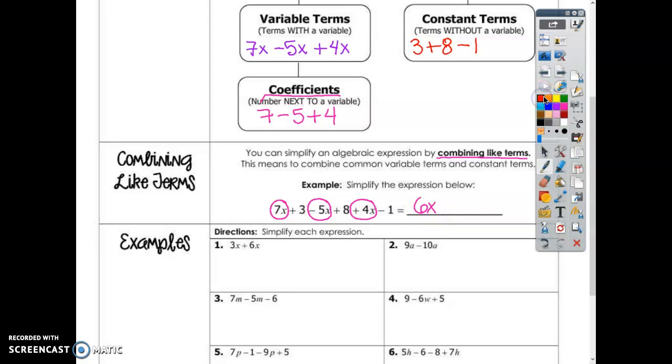With a different color, I can box them. Positive 3 plus 8. What's 3 plus 8? 11. Minus 1 gives you 10.